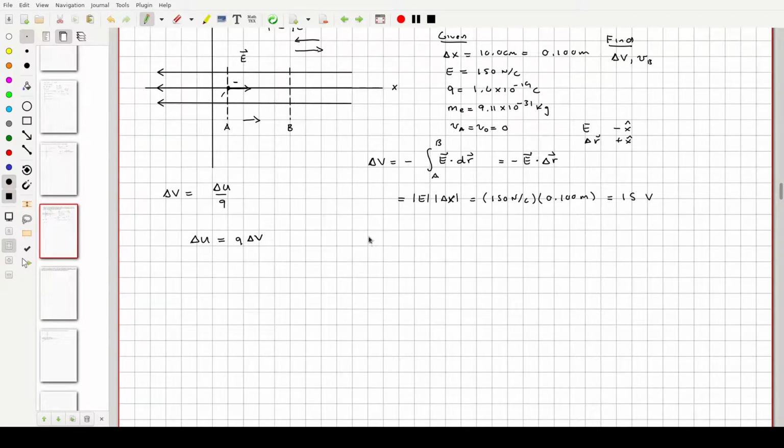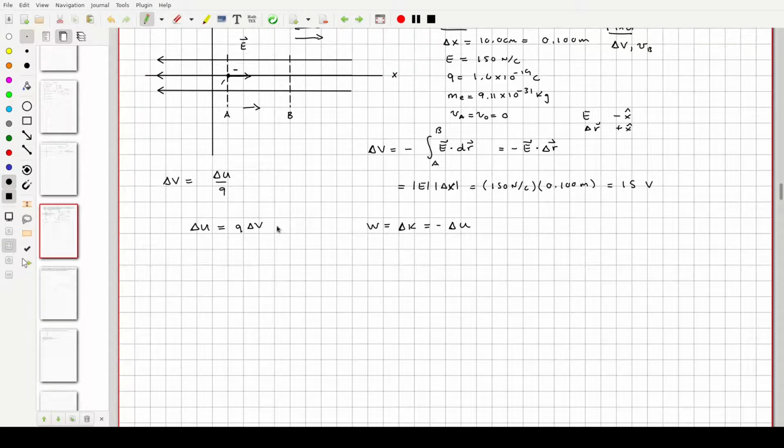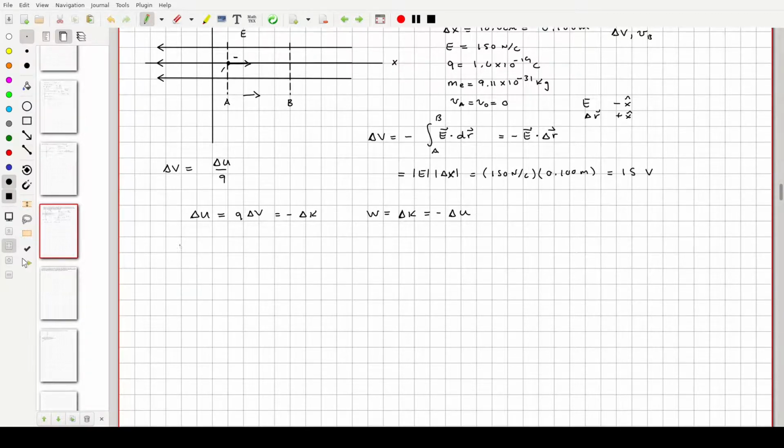The work energy theorem says, though, that when something does work on an object to cause it to move, you see a corresponding change in kinetic energy. You also see a minus the corresponding change in potential energy. So this is the same thing as minus delta K. Now, K, if you remember from University Physics 1, is 1/2 mv squared.